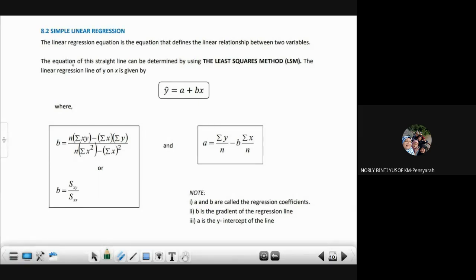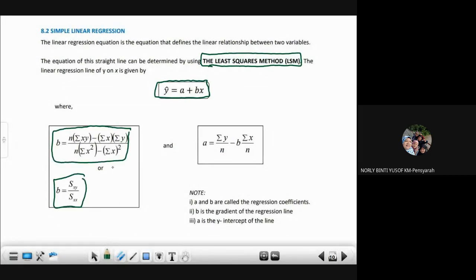Okay, so the equation of the straight line can be determined using the least square method. Okay, the linear relation of y on x is given by, this is the straight line that you know that for the least square method yang you kena bina. Okay, you kena bina the least square method of your linear regression. Tapi nak bina kena cari A dan B. So nak cari B, inilah formula B. Ataupun ini, so kita ada dua lah, ini dan ini.